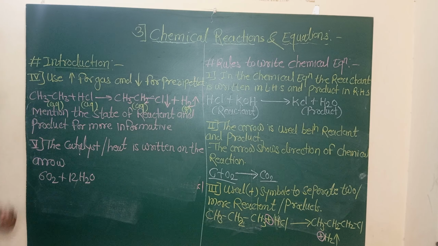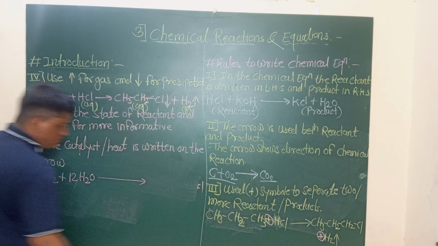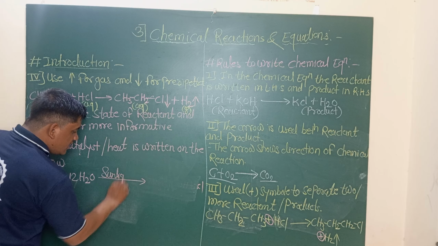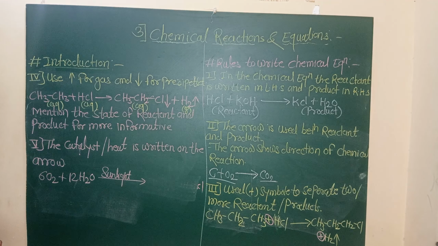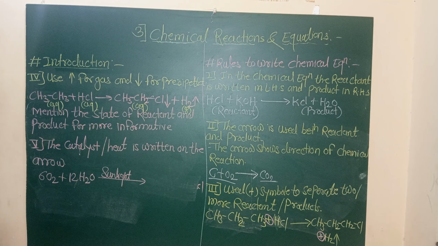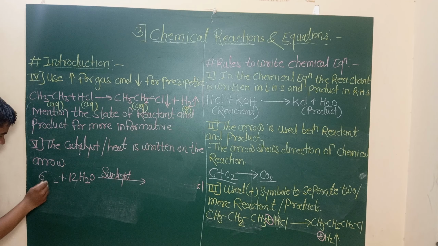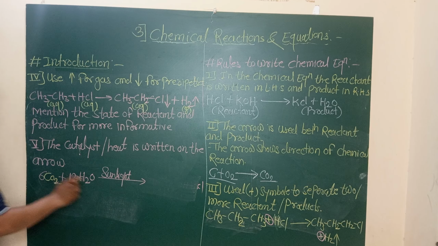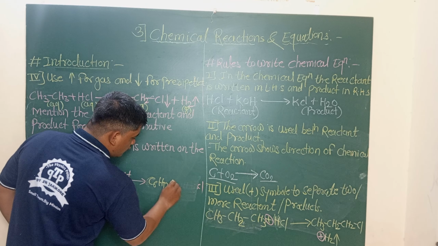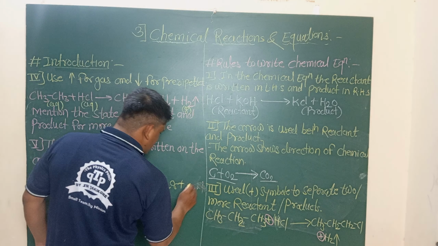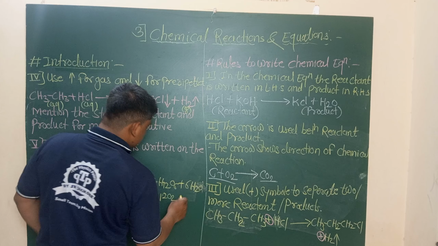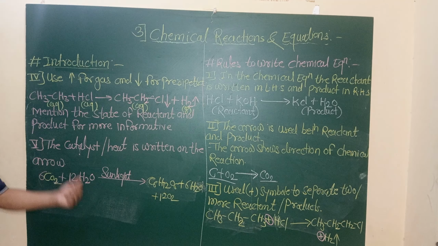This is the photosynthesis reaction. This reaction happens in the chlorophyll under sunlight. Sunlight is the catalyst. The catalyst must be written on the arrow. This is the chemical reaction.